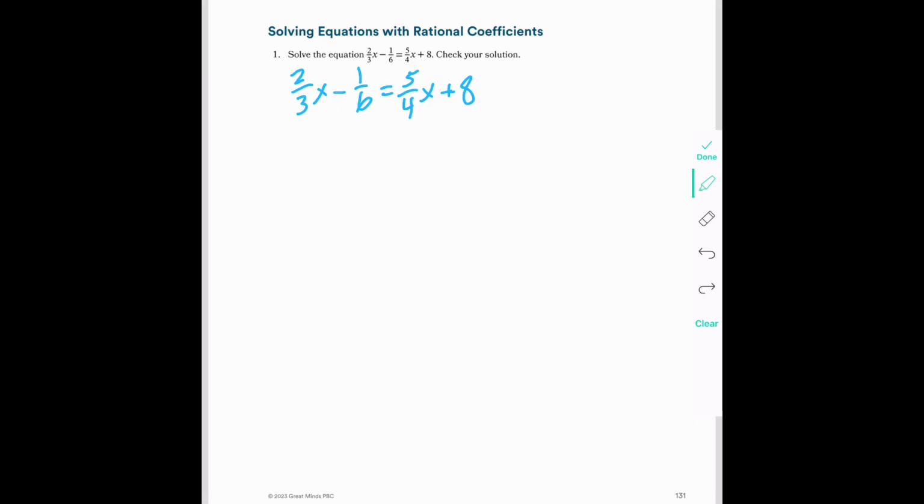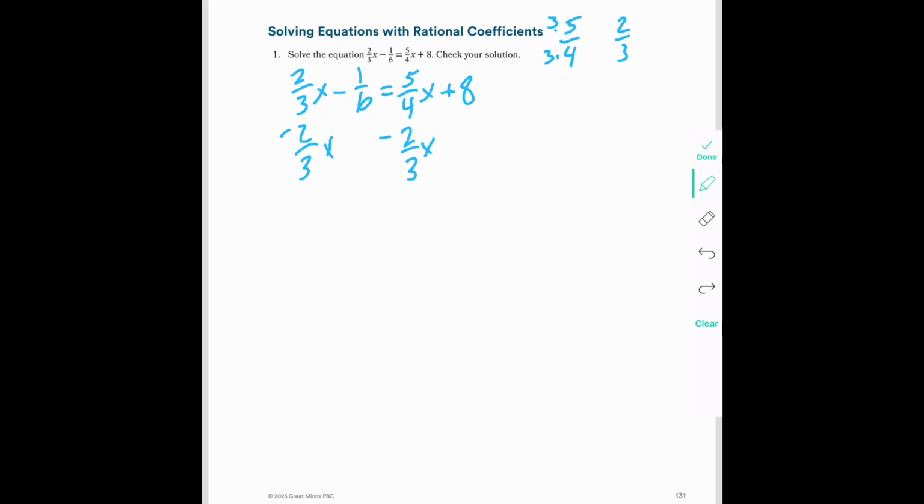So let's say I subtract 2/3 x from both sides. In order to subtract fractions, I have to find a common denominator, right? So the common denominator of 5/4 and 2/3 would be 12. In order to get to 12 here, I would have to multiply by 3 to the top and the bottom.